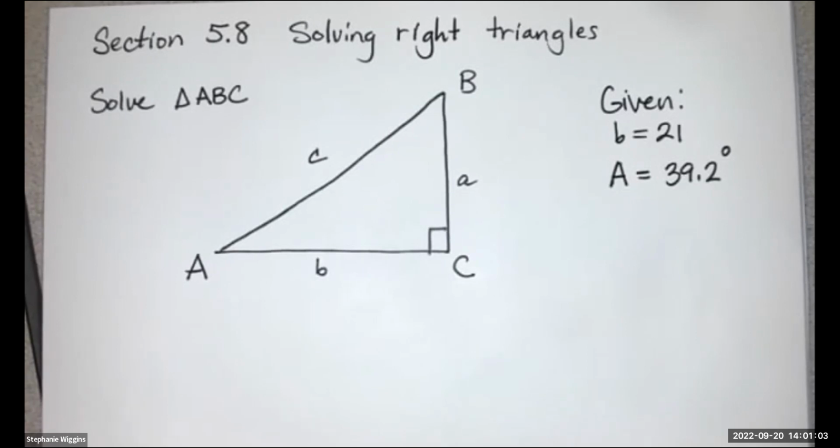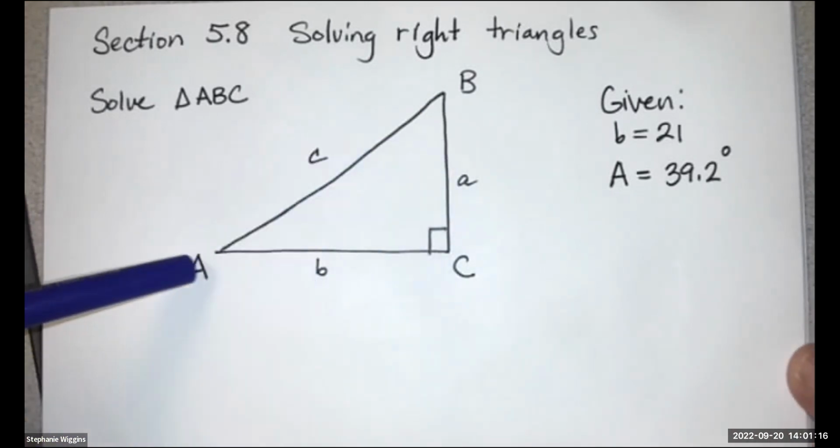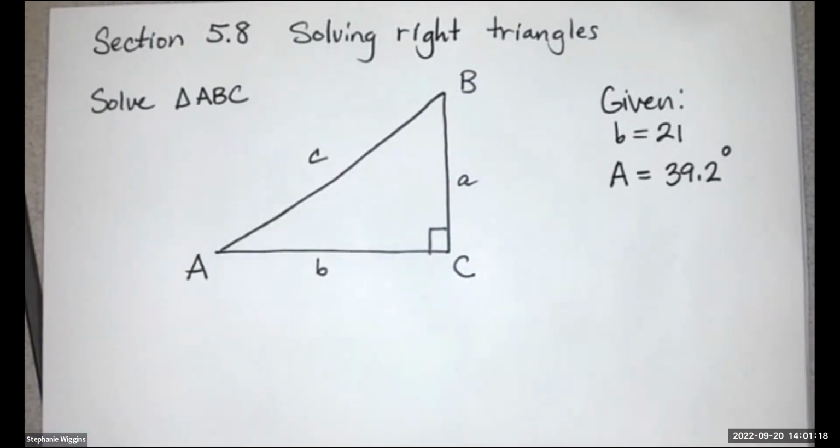When you solve any triangle, you have 6 pieces of information. To solve the triangle means to find all 6 pieces of information: the 3 sides and the measurements of the angles. In order to do that, you have to have at least 3 known quantities.